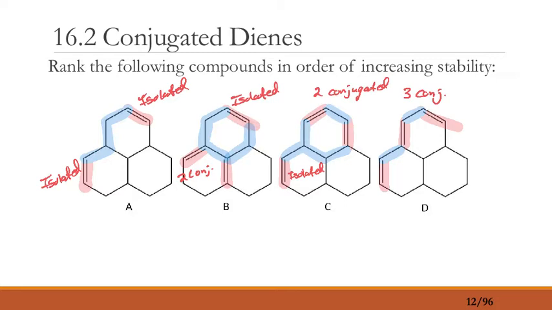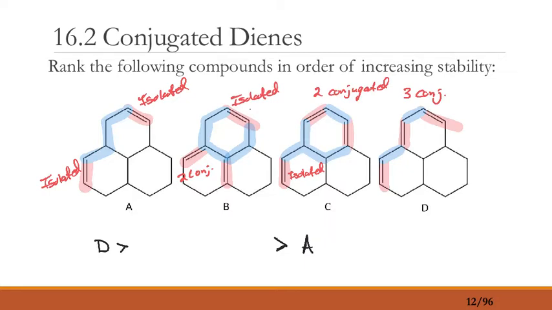But then clearly D is more stable than A, which is less stable. And B and C are in the middle because they each have 2 conjugated double bonds and 1 isolated. So the next thing to look at is the types of double bonds.